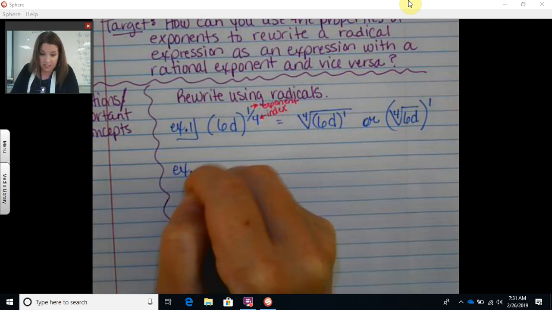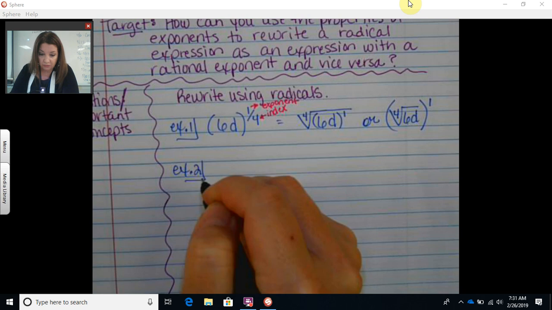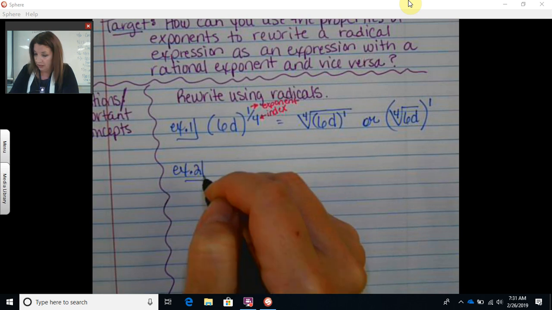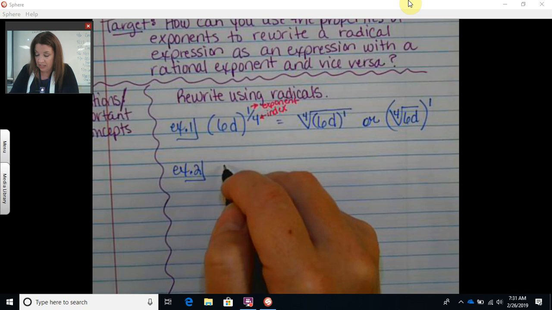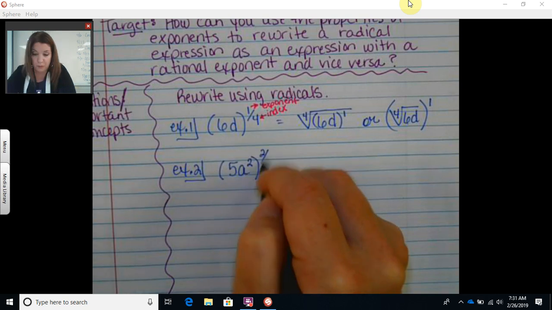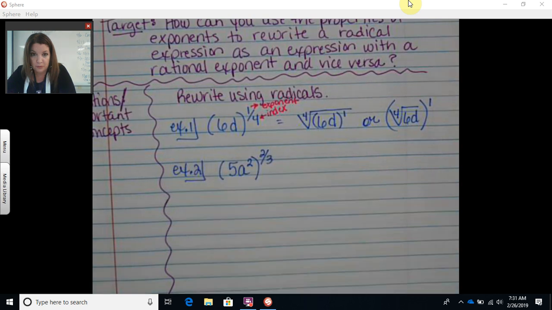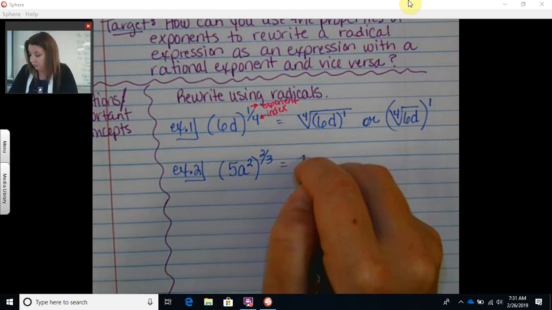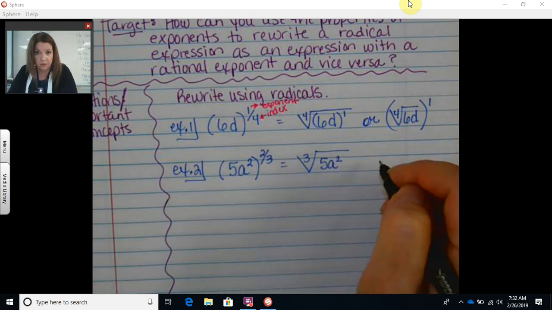Example 2. If we had, open parentheses, 5a squared, quantity raised to the 2/3 power, and we want to convert that to a radical, what would my index be? 3. So that would be the cubed root of 5a squared, quantity raised to the what?